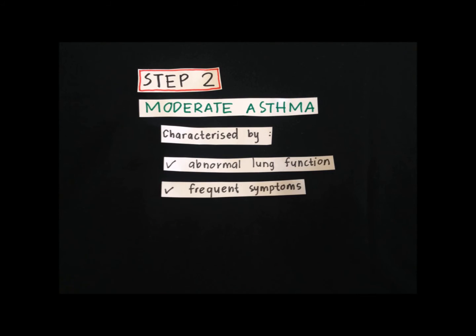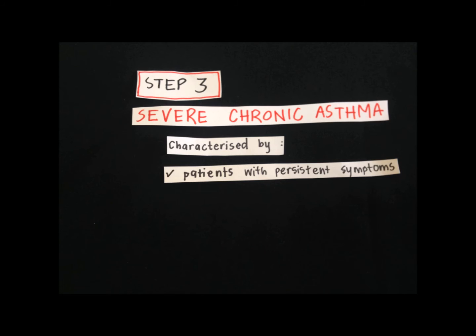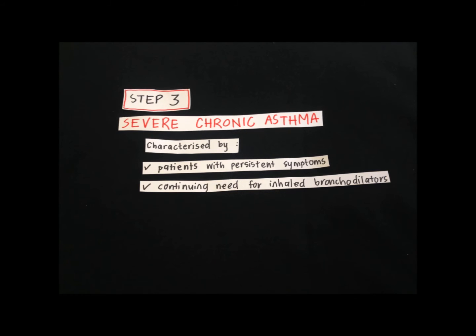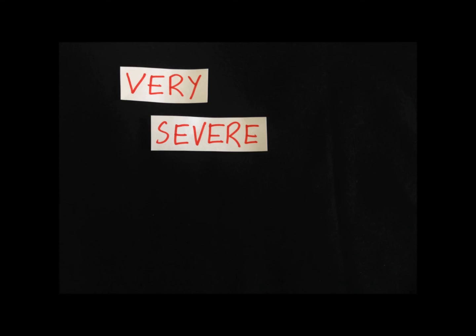Step 2 is moderate asthma. Step 3 is severe chronic asthma. And step 4 is very severe asthma.